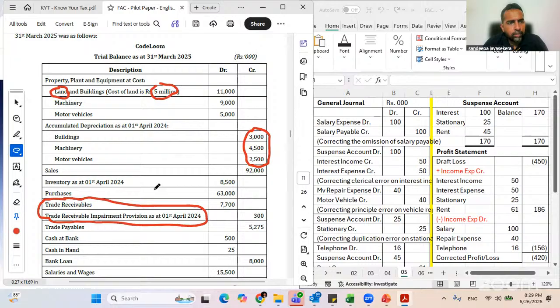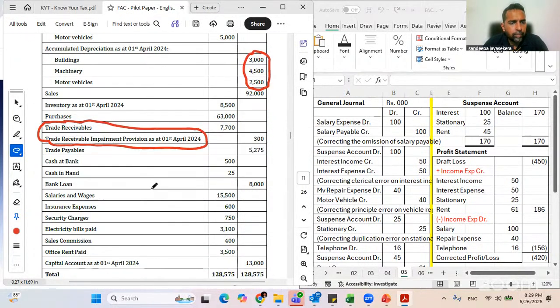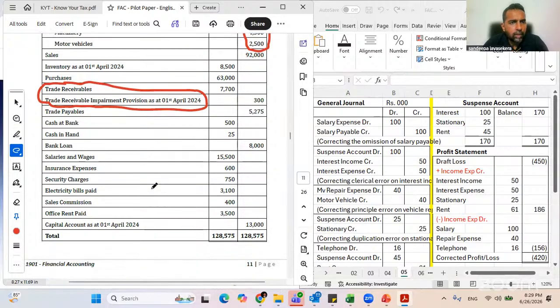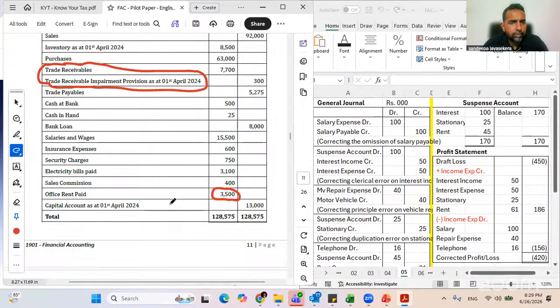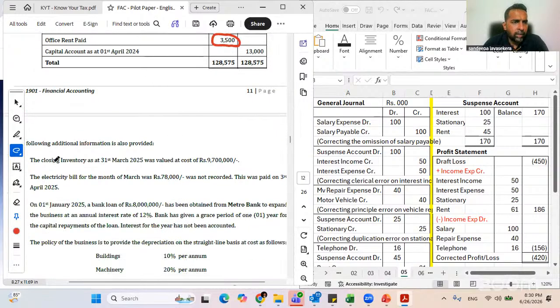Doubtful debt or the data impairment. There's something called rent paid. We will look at that. Right. Your closing inventory is valued at a cost of 9,700.